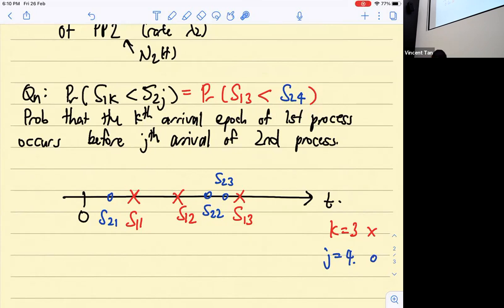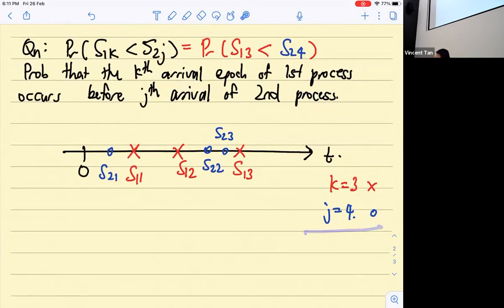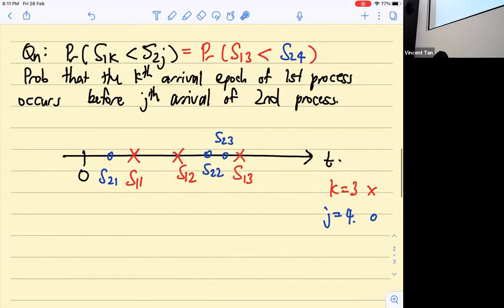Think about it carefully. All right. So I indicate my arrivals for the first process as red crosses. I indicate my arrivals for the second process as blue circles. Cool. Now, I'm going to put down my red crosses in an arbitrary fashion. Here, here, here.